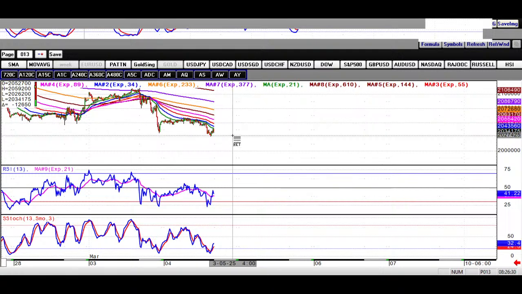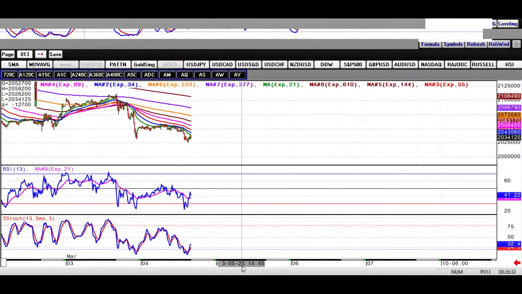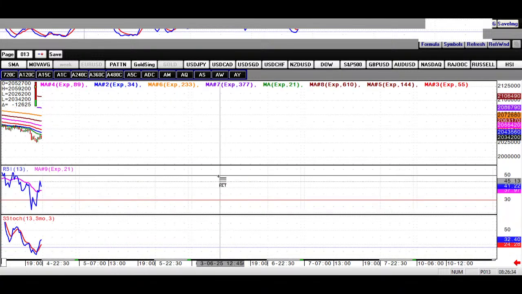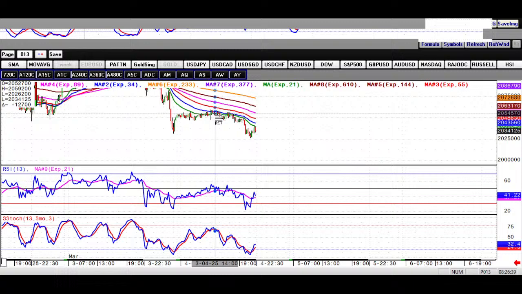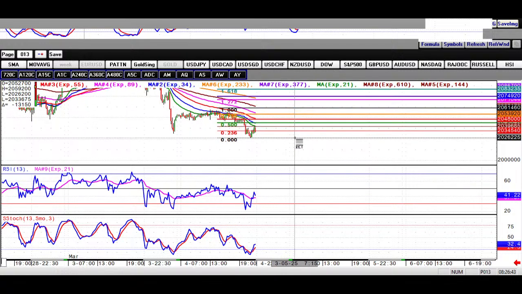So what we expect the price target is, if this is the low, we should see this price breaking this high and going towards at least 20700.